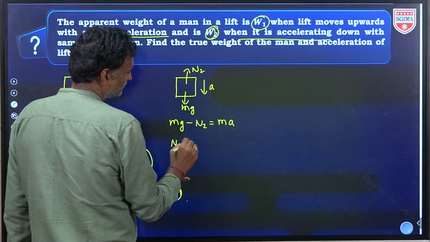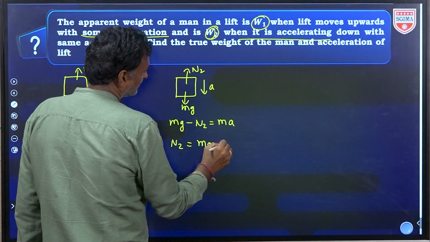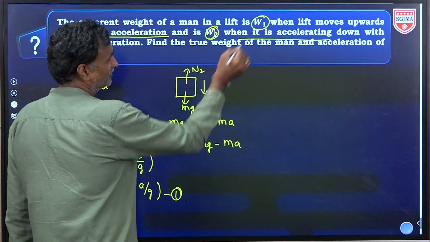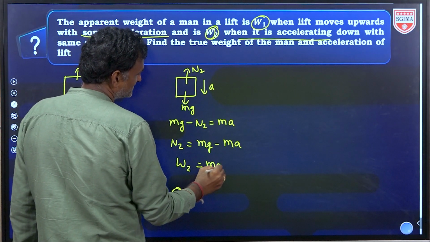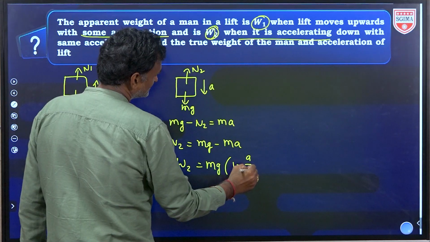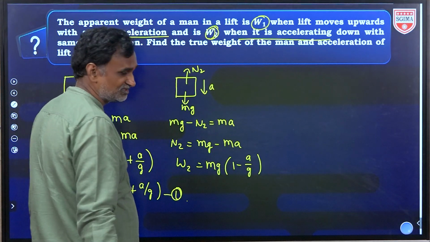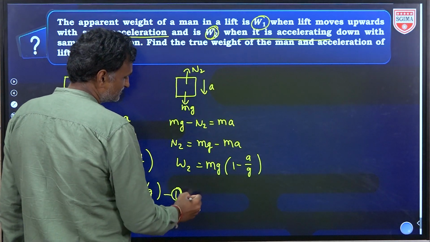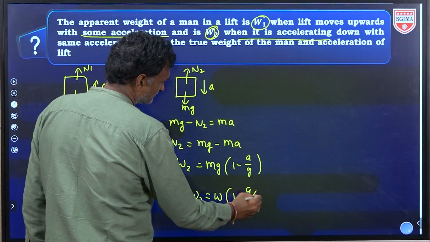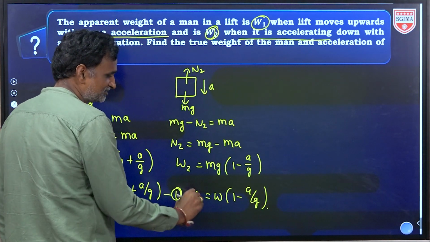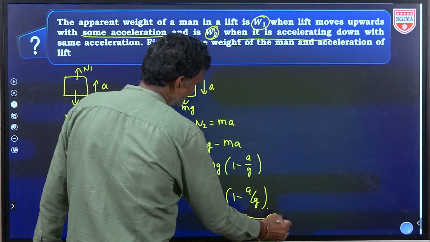So that is n2 equals mg minus ma. N2 value is how much as per the question? W2. So I am taking mg common, 1 minus a by g, because ma by mg cancels. So in mg's place I am writing W, that is the original weight of the person. Okay. So this is W2 we got, the second equation.